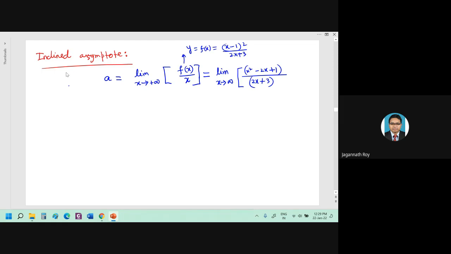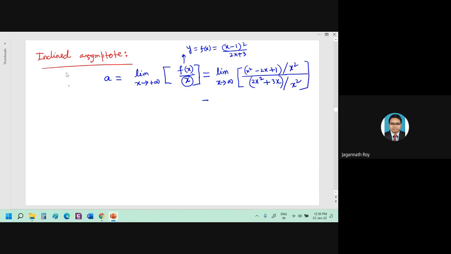So this is our x, this is our f(x). Since x is already there, we need to multiply the denominator by x. So the denominator will now become 2x square plus 3x. But we want to find the limit, so let us divide by x square.